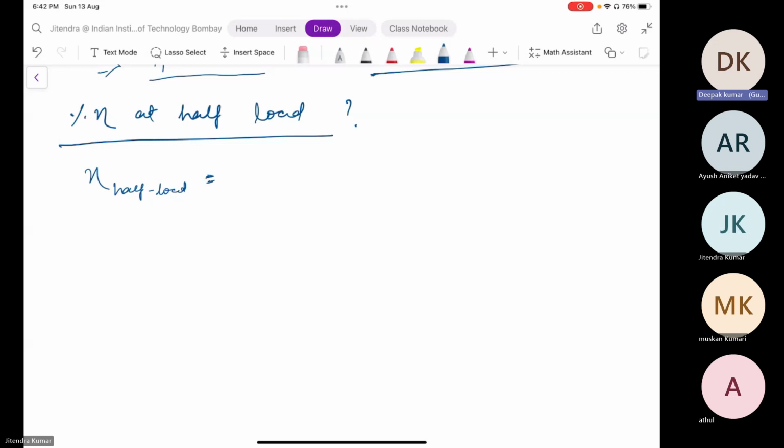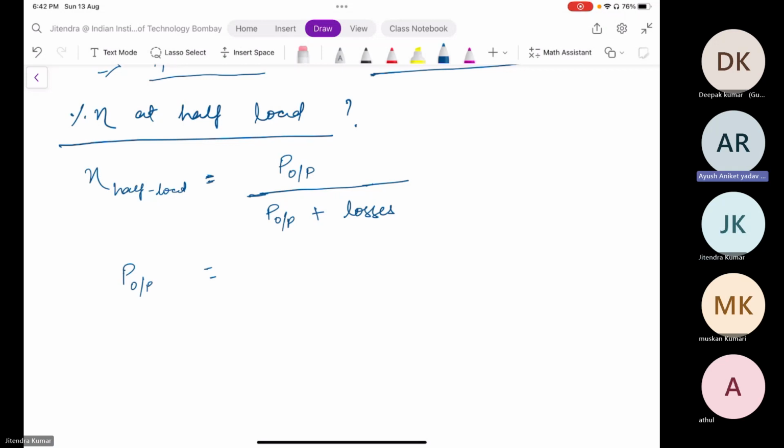Sir, by applying the formula of efficiency for degree of loading. So at half load, we have to apply again the same formula, right? So what should be the output power at half load?